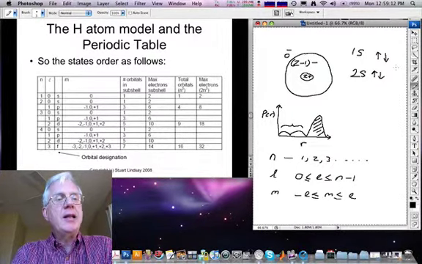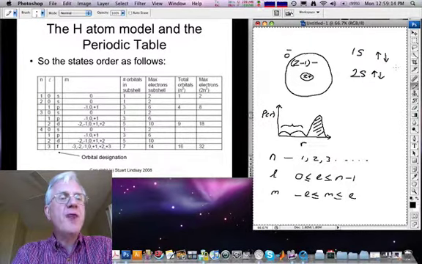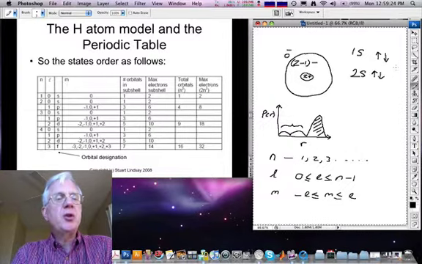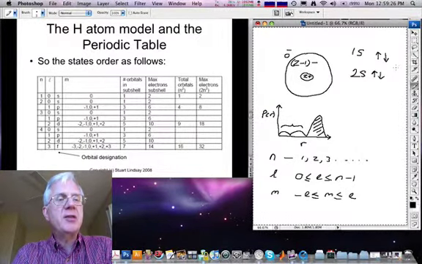For L equal 2, we now have 5 states associated with the magnetic quantum number, -2, -1, 0, +1, and +2. This is then an additional 10 electrons that can fit into these d states. So the total number of electrons that will fit into the orbitals corresponding to a principal quantum number of 3 is 18.